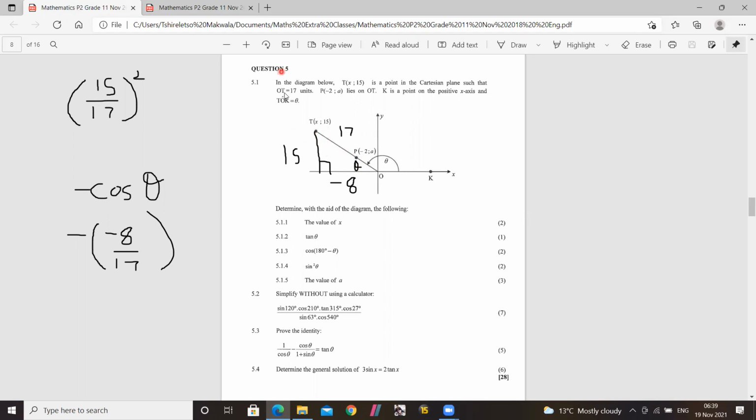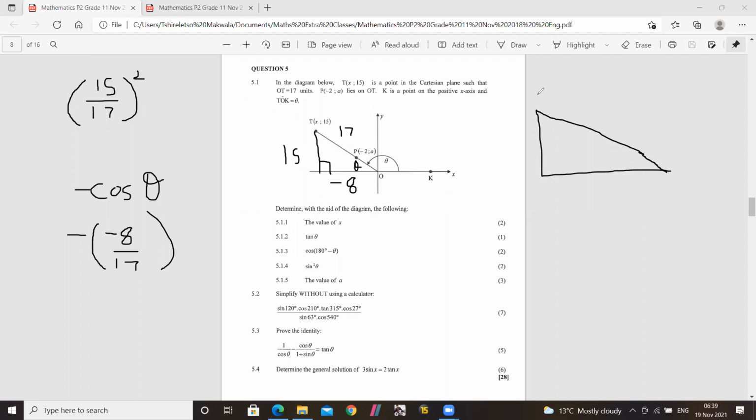Let me show you what I mean. Let me draw it. I'm just going to draw this triangle, and I'm not going to draw the Cartesian plane. I just want to show you something. So redraw it here.